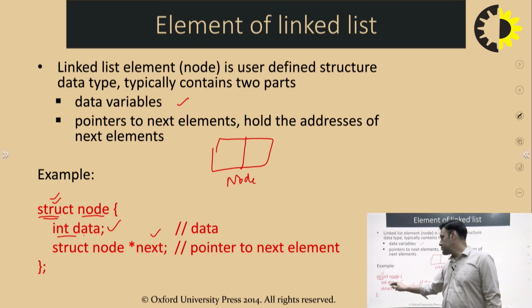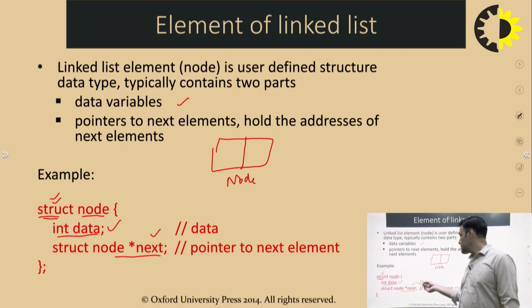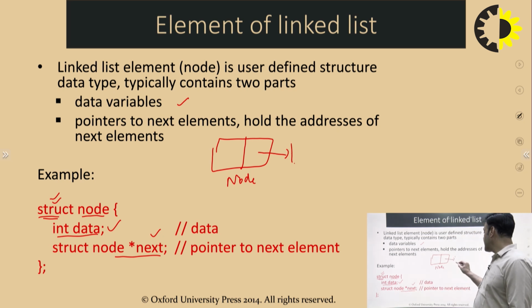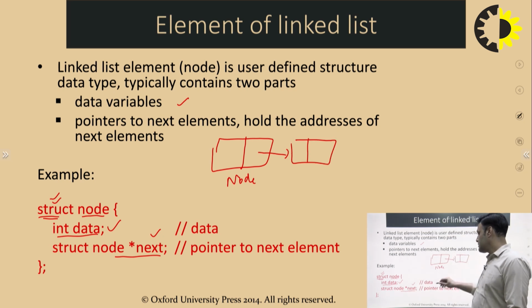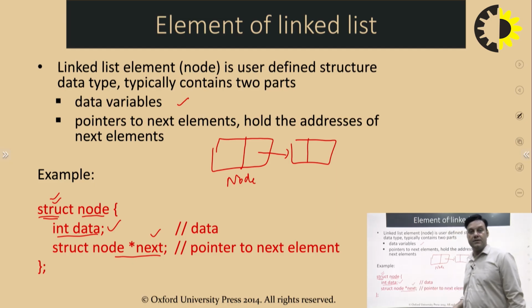So this is my information part, int data, and this is my link part. This is called a self-referential pointer because this pointer is used to point to the next node. So star next is of struct node, a self-referential pointer.